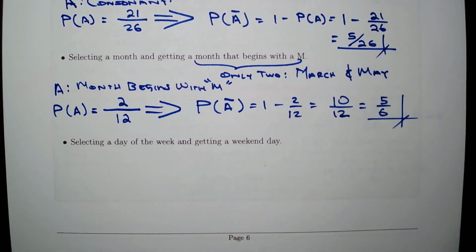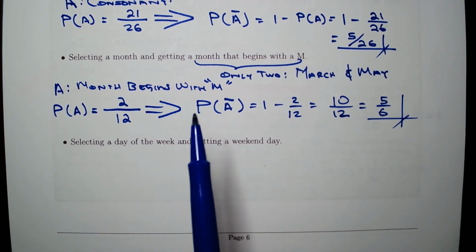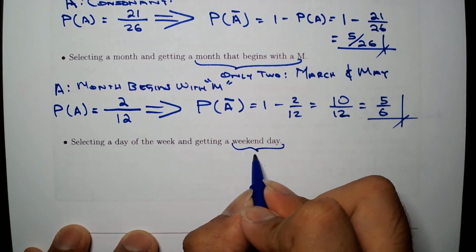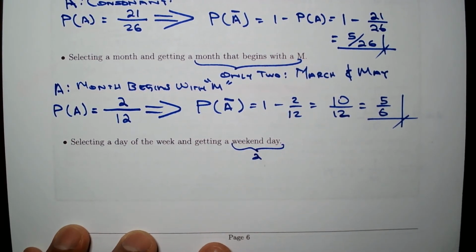Last but not least, last example. Selecting a day of the week and getting a weekend day. How many weekend days do we have? Well, 2, right? Saturday and Sunday. Thursday and Friday do not count. I know many people say Friday is basically weekend, and many people also say Thursday is the new Friday. Well, no, those don't count.